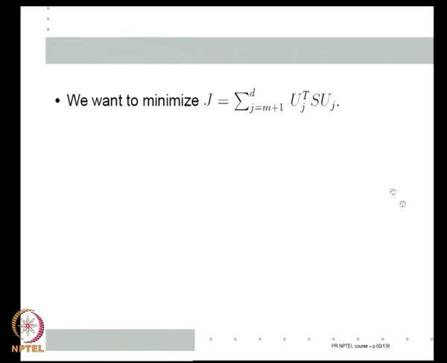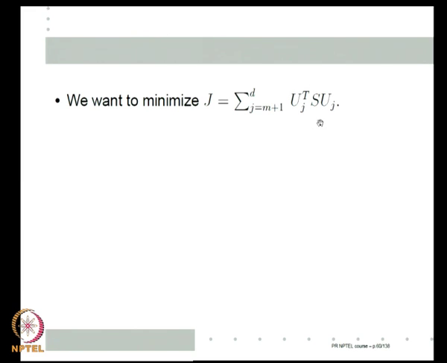With those constraints, I want to minimize this. Of course, we can once again write the Lagrangian and do dirty algebra, but we do not need to do all that, because I know for any one of these terms, if I want to minimize, the U has to be an eigenvector, right. So, ultimately all U's have to be eigenvectors.